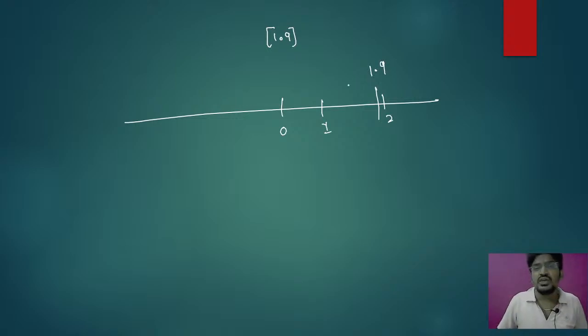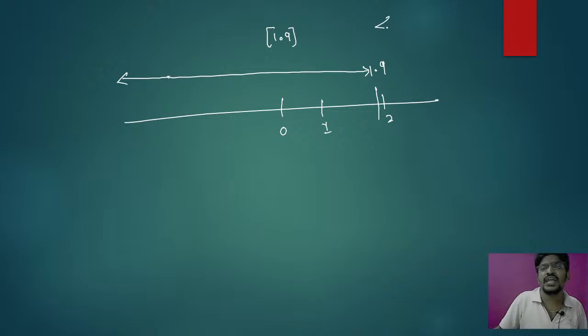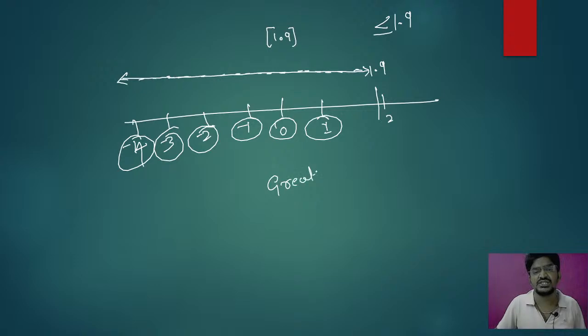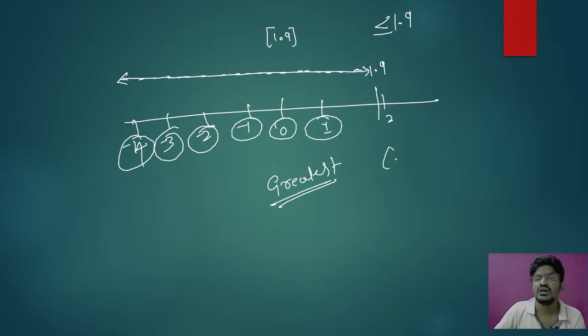You have to check from this line lesser than or equal to 1.9, and among all these, which one is the greatest integer? Here you have 1, 0, -1, -2, -3, -4, and so on. Among all these integers, which one is the greatest? That is called the greatest integer.